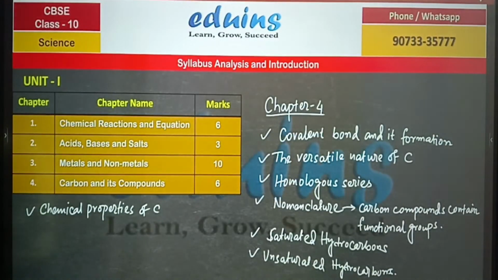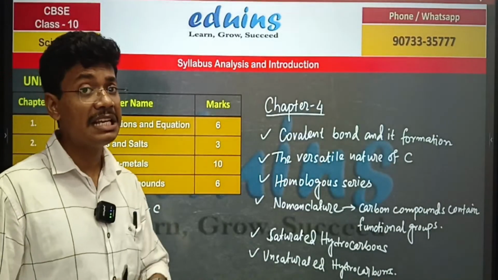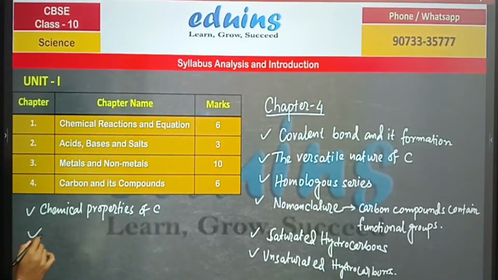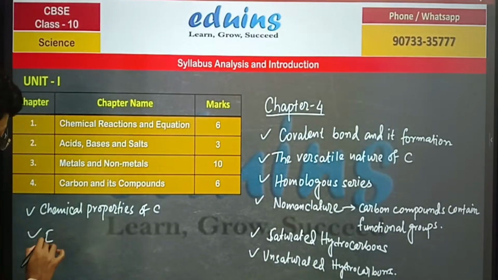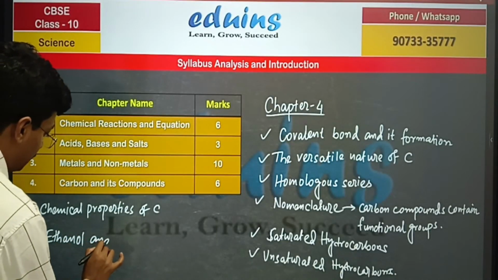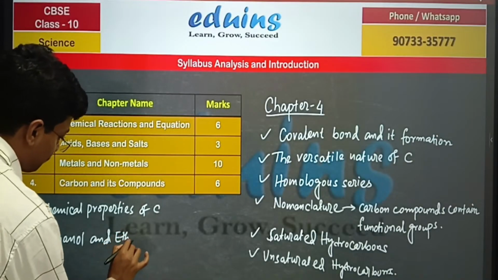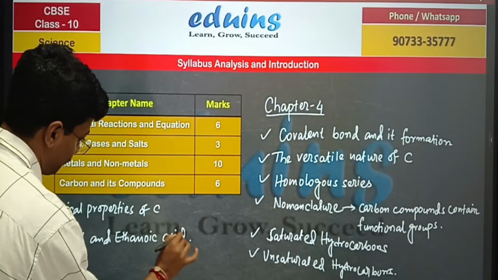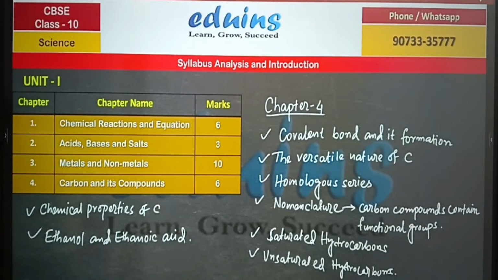Now we come to two things we have to study: ethanol and ethanoic acid, two compounds of carbon.